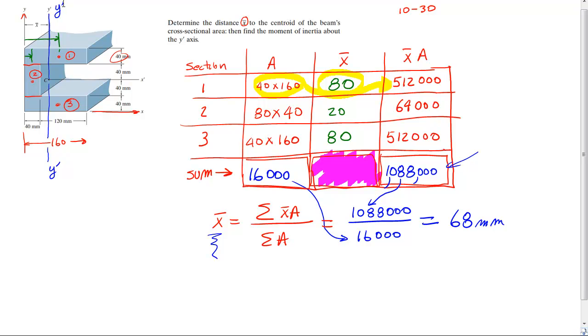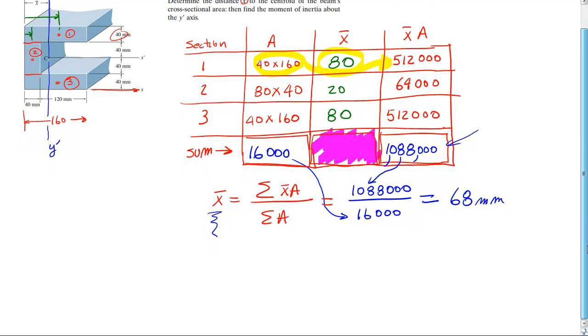Now, let's think about this for a minute, because what we have to do is determine the IY of each of these, the 1, the 2, and the 3. Then we have to determine how far we're moving this, the distance in the x.